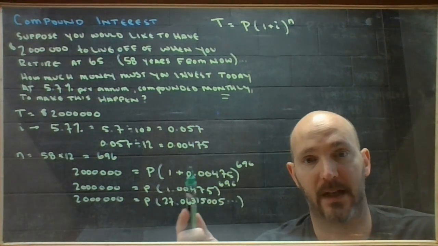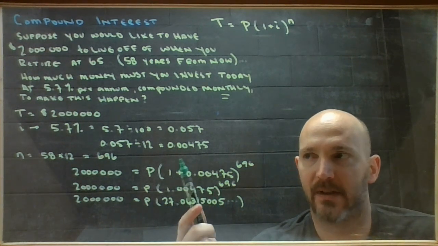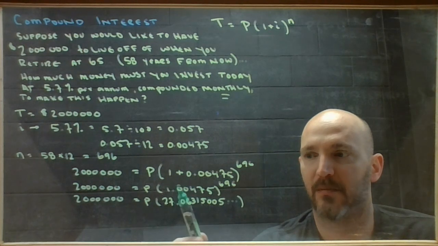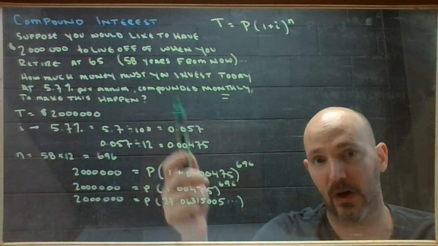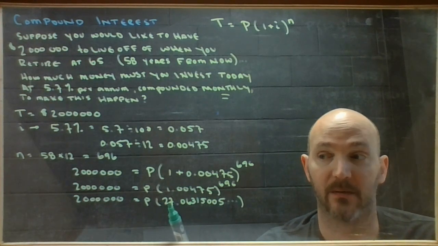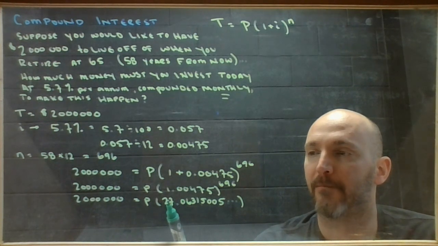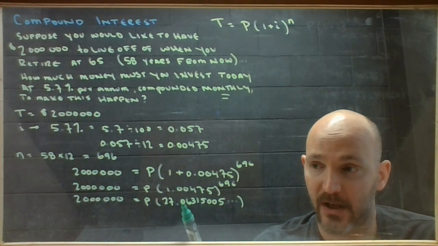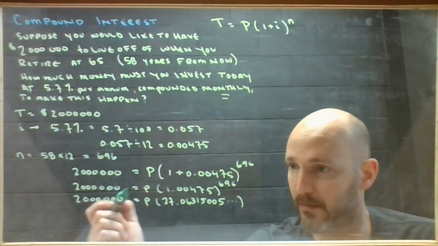I mean, we're not done, but if you take a look at this, a 5% increase doesn't feel like a lot, but when you let it work for this long, you're going to end up with 27 times your initial investment, which, I mean, that's pretty remarkable. So to finish this off here, I just have to divide my $2 million by that number.